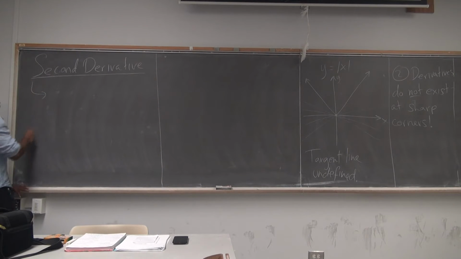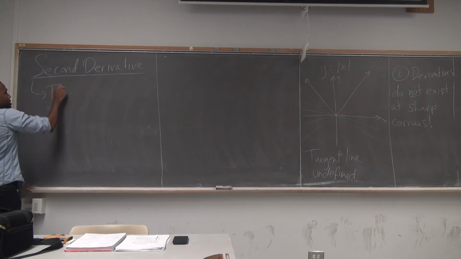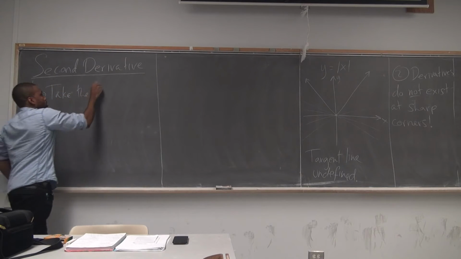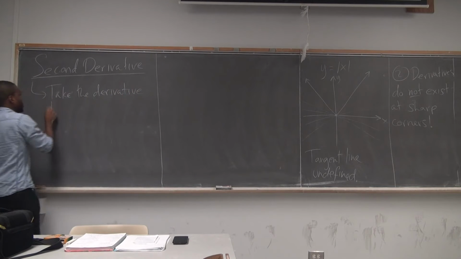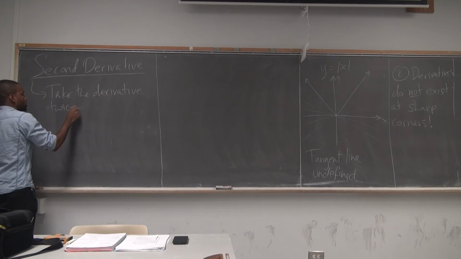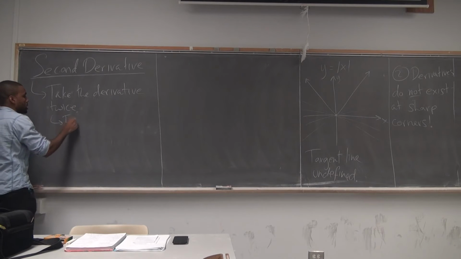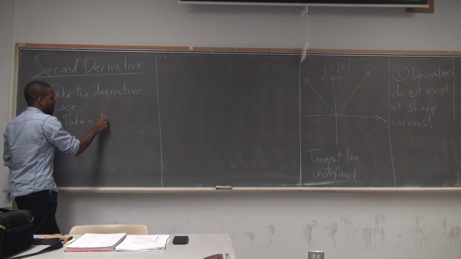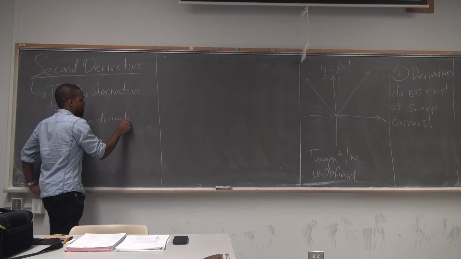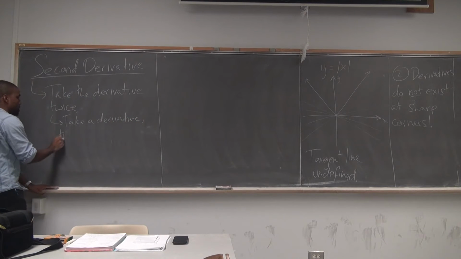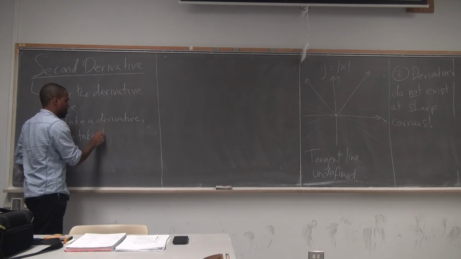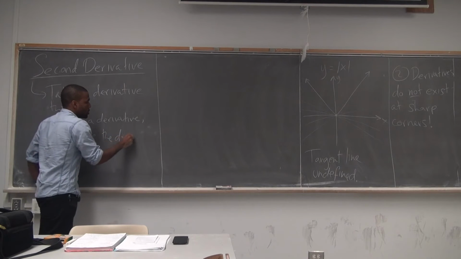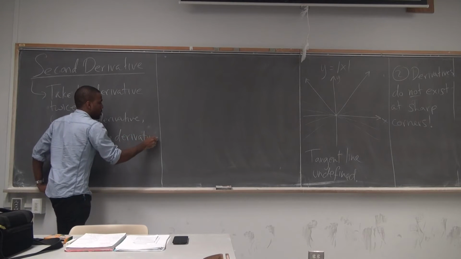This just means take a derivative twice. Take a derivative, then take the derivative again of the result. If you do the derivative twice, you get what you call the second derivative.